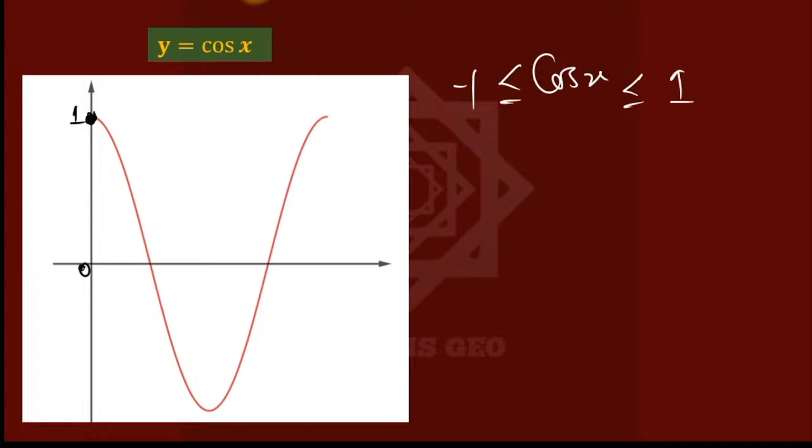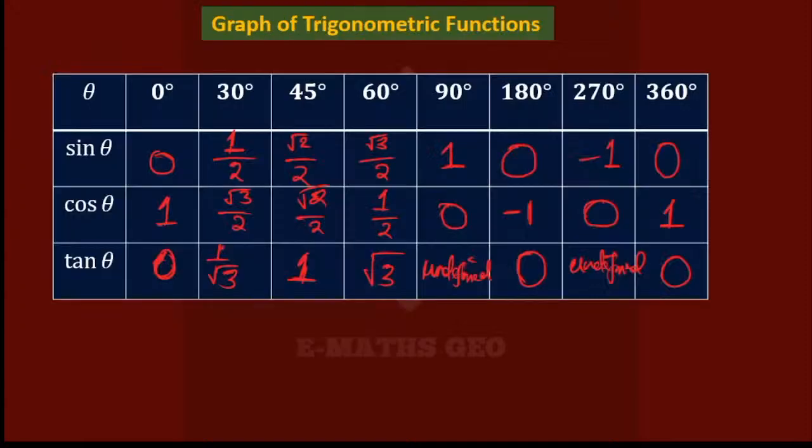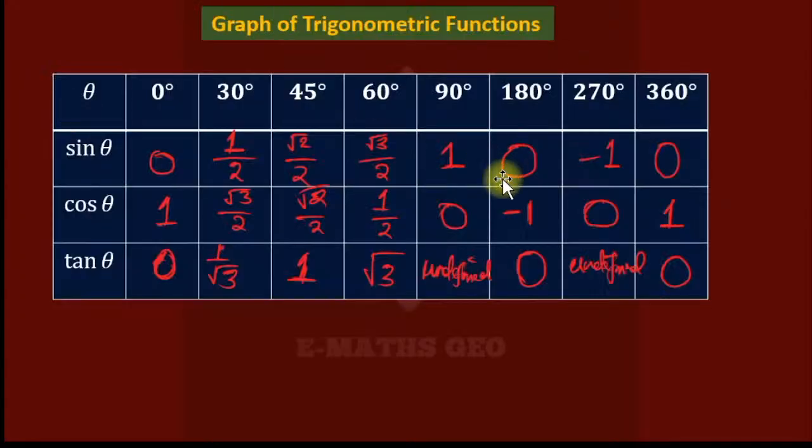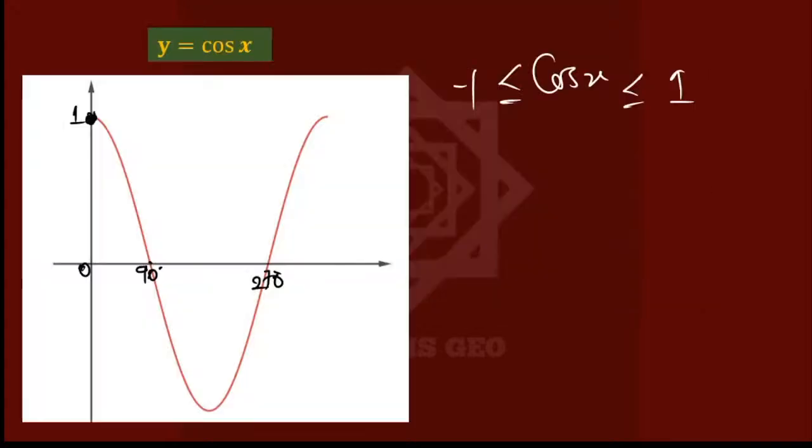From the table, cos 90 is 0, so here should be 0. Also cos 270 is 0, as you can see. And cos 360 is 1, so here should be 360.